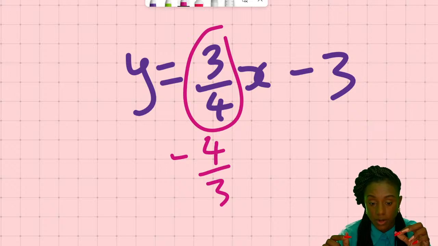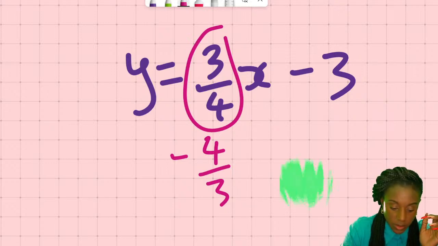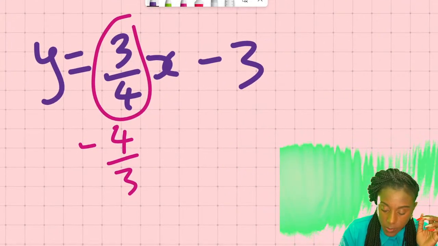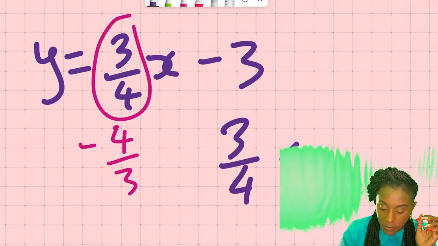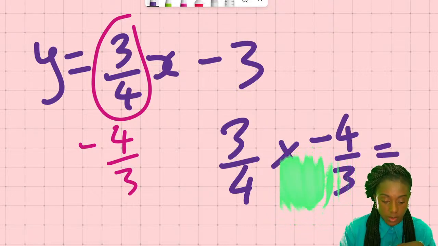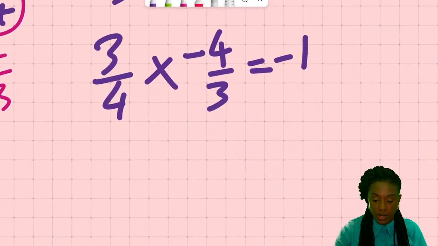When I say product, I simply mean if I take the gradients of both the lines and I multiply them together, I am supposed to get -1 if they are perpendicular. So if we were to multiply 3/4 by -4/3, the answer will be -1.